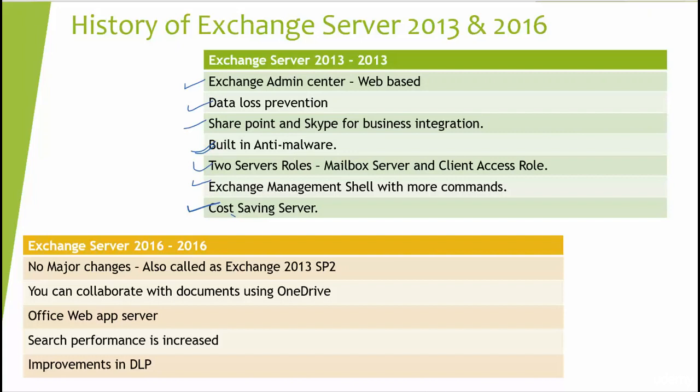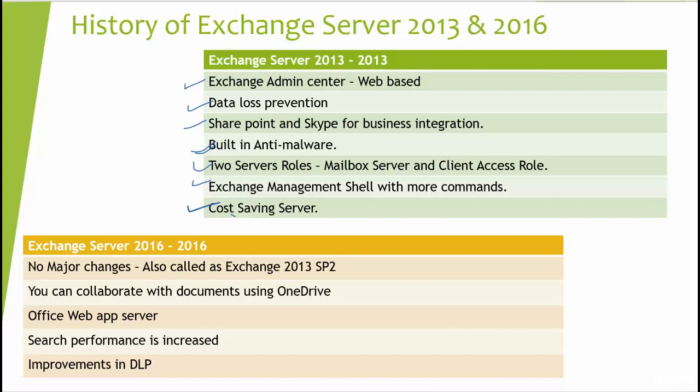There were no major changes again. There were just a little bit of improvements in searching and filtering, and in data loss prevention. They just added more features, or they made it faster, making sure that the performance is really good.